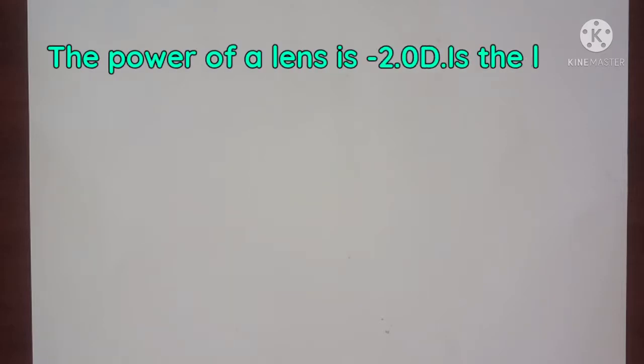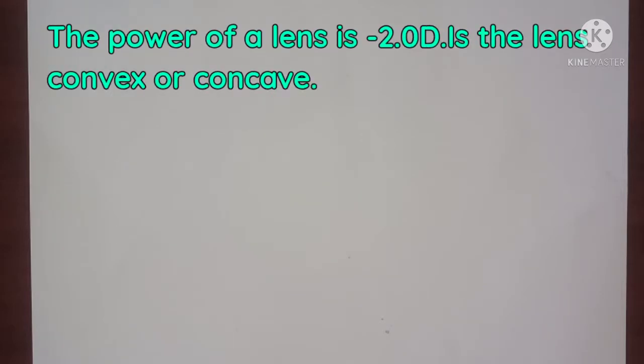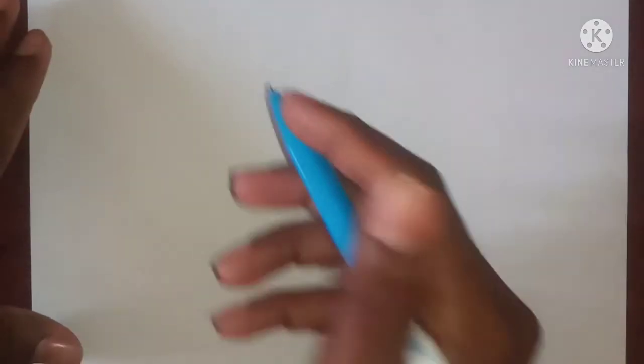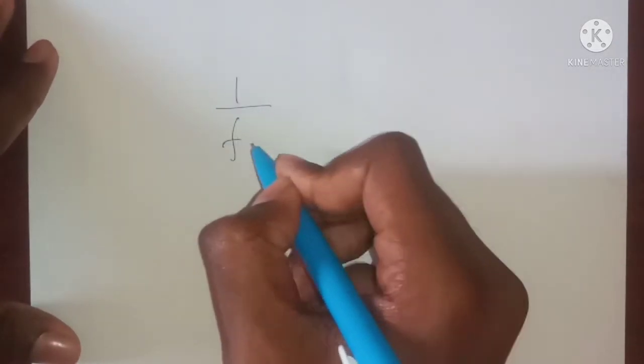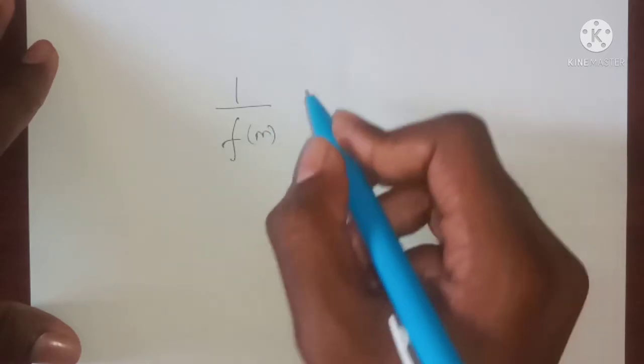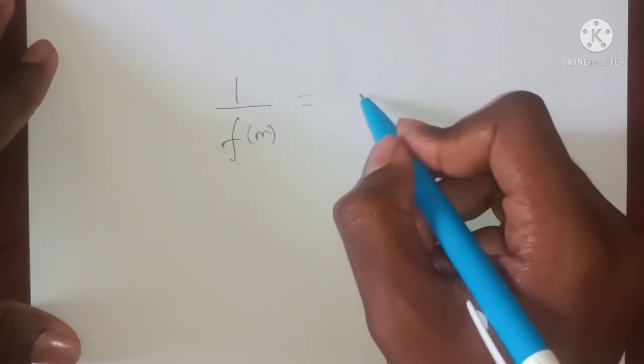So now problem 2. The power of a lens is -2 diopters. Is the lens convex or concave? What is basically a diopter? It's nothing but 1 by focal length, where the focal length is in meters.